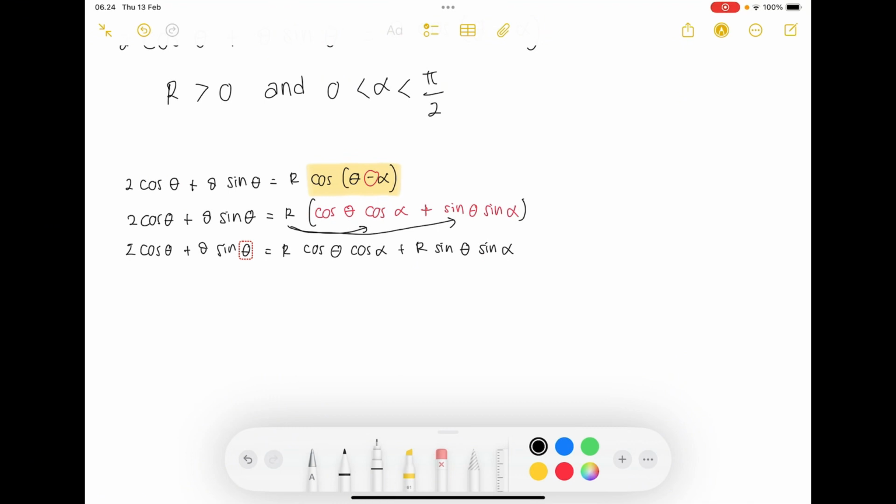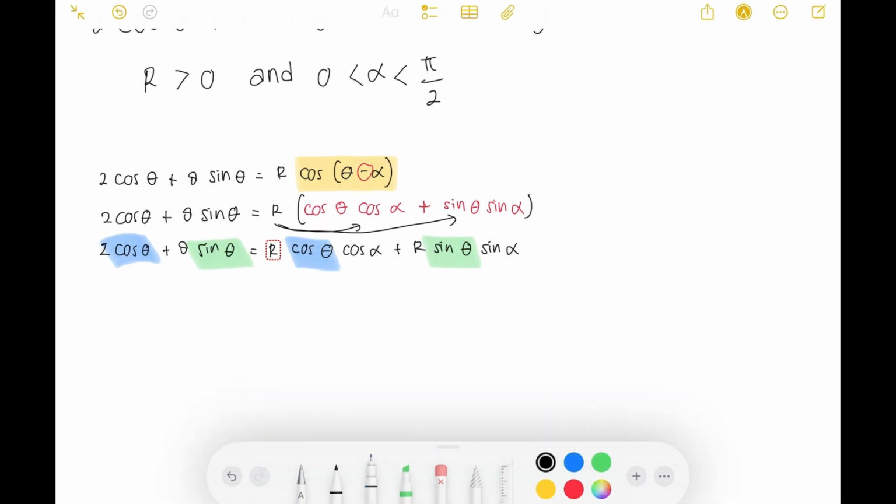Now, let's see right here. This one, we have cos theta. This one also we have cos theta. In another side, we have sin theta. We have sin theta here, right? So actually, I can do manipulation here. I just switch them so that it will be easier for us to see the relation between them.